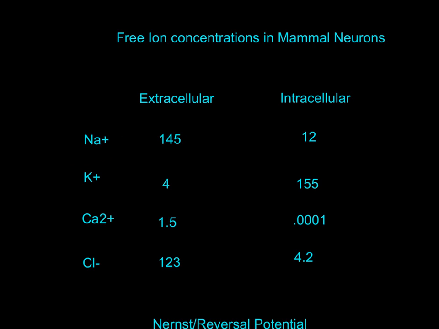For example, sodium generally has a higher concentration outside the cell than inside. For potassium, there's a higher concentration inside the cell than outside. Calcium has a higher concentration outside the cell than inside. And chloride has a higher concentration outside the cell than inside.